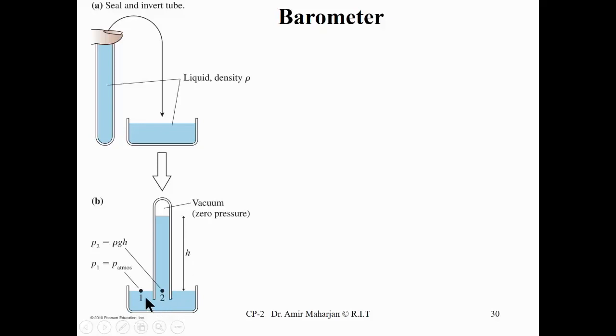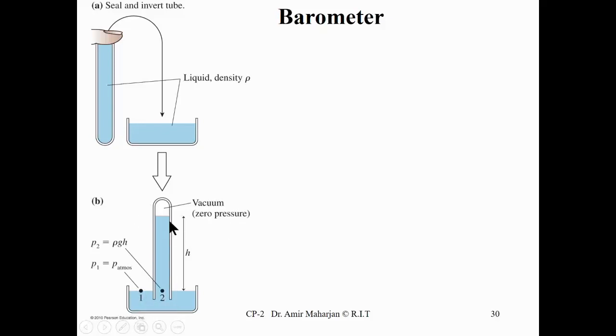Why? Because if you see point one, which is open to the atmosphere, and point two, these two points must be at exactly the same pressure, because they are in hydrostatic pressure balance, right? Otherwise it won't be in static equilibrium. If point two were at slightly higher pressure, then the mercury would flow from higher to lower pressure until it maintains equal pressure.